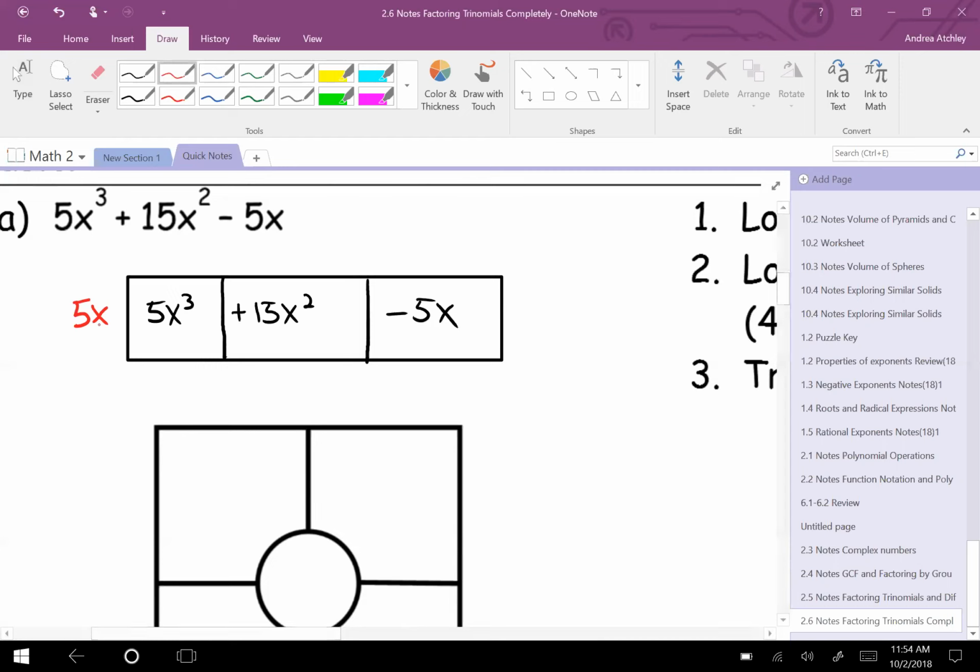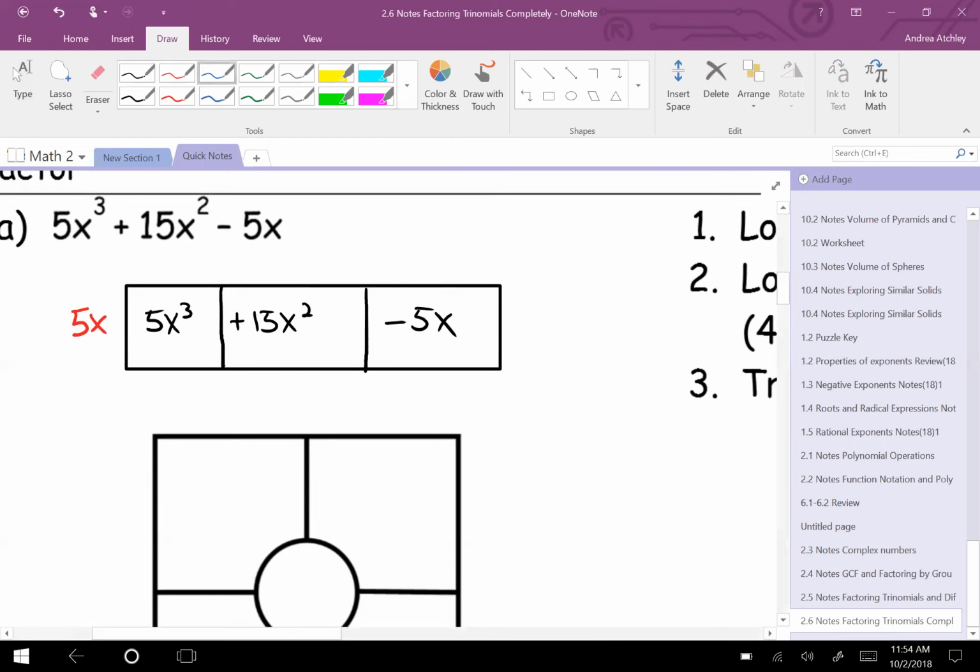That's the GCF. When I factor out 5x, I get left with 5 divided by 5 is 1. And then x cubed, I take away 1 and get x squared. Then 15 divided by 5 is 3, and I take away an x, and I just get left with x. And that's a positive 3x.